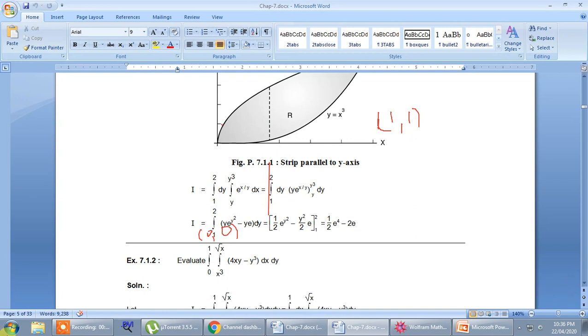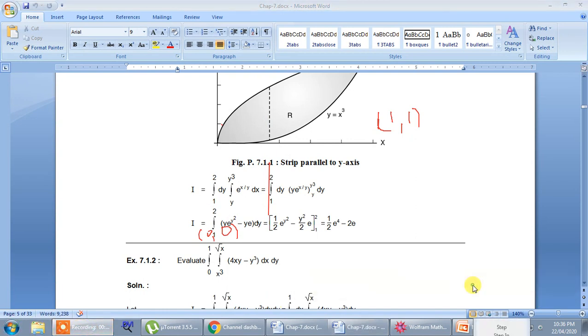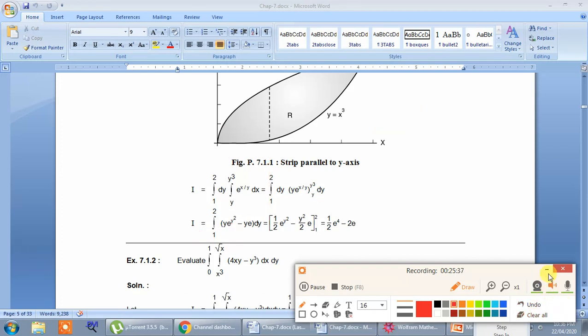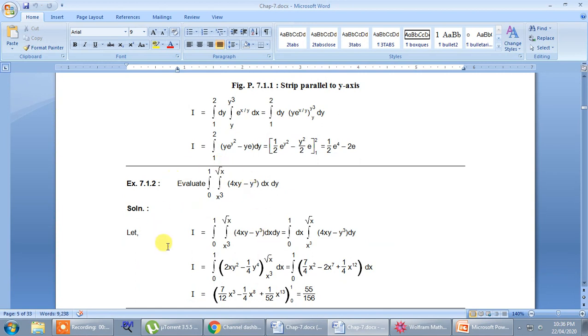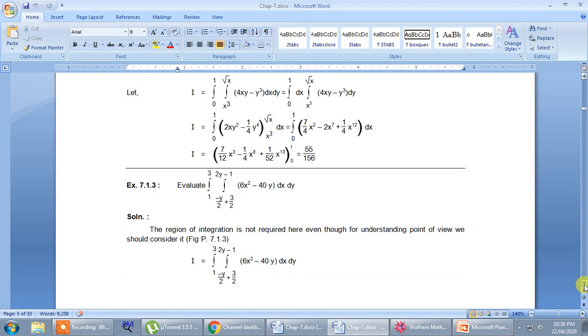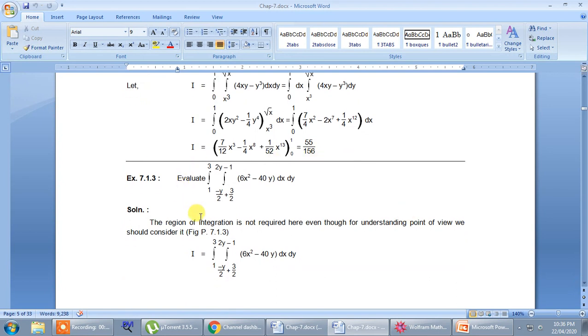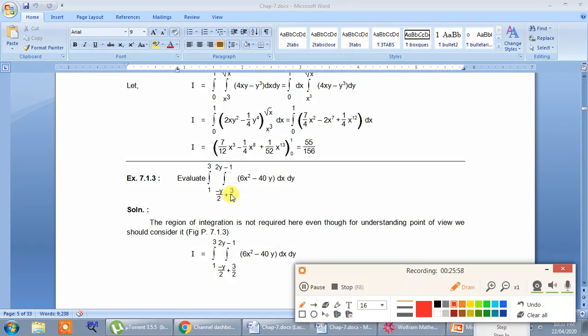Now let us have the second problem. I am going to give this problem as part of an exercise. You can do this problem in a similar way. First, you will observe that the first integration will be with respect to x. Why? Because the inner integration limit is in terms of y, therefore it will be the limit of which variable, x.